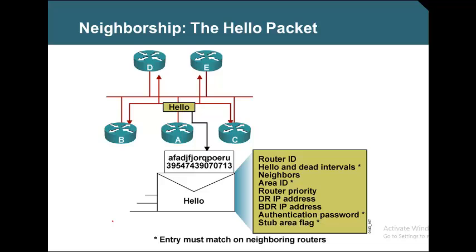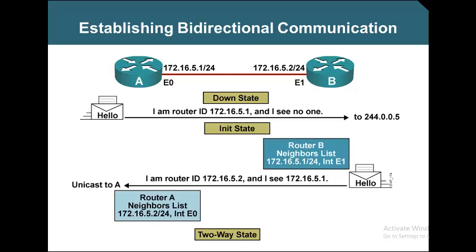Now, what we are going to see is how the adjacency is formed. What do you see? Do you see a serial 0 or Ethernet 0 there? Ethernet, which means there will be a DR-BDR election. Even though there are only 2 routers, one is going to be DR and another is going to be BDR, because this is not a serial wire.